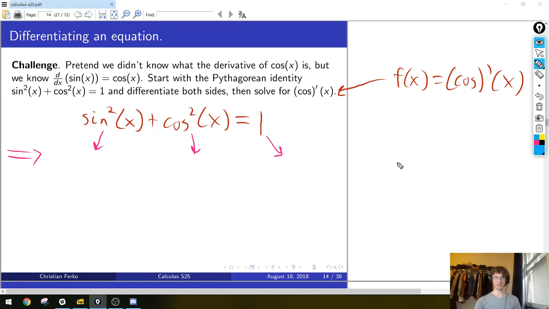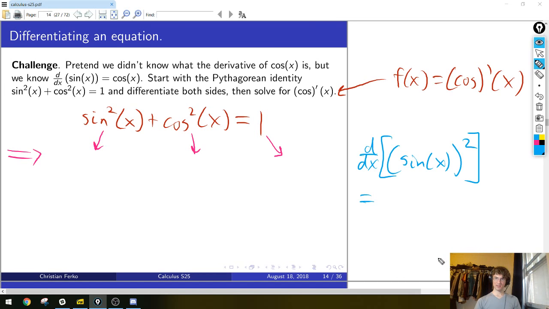Well, we can start with sine squared of x, right? So this is sine of x, whole thing squared, right? So I believe that that is going to be cosine x squared. No. So what's the derivative of the outside function? So the outside function is something squared, right? So what's the derivative of, say, x squared?